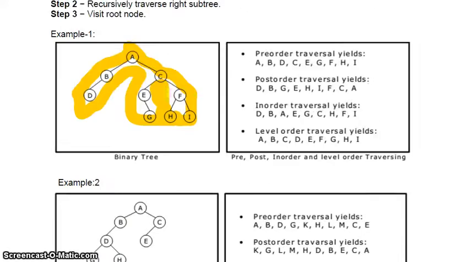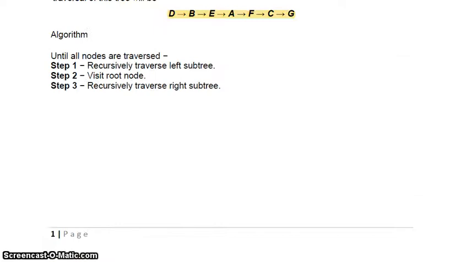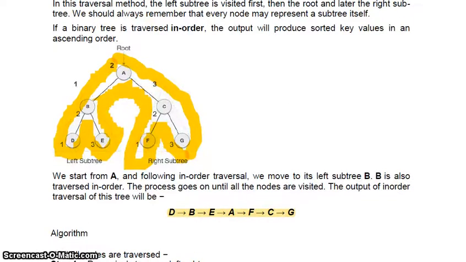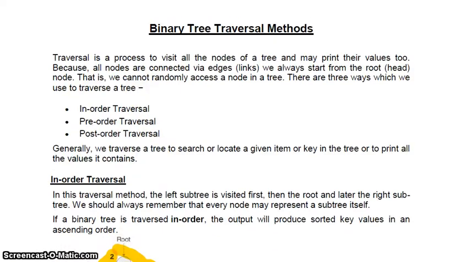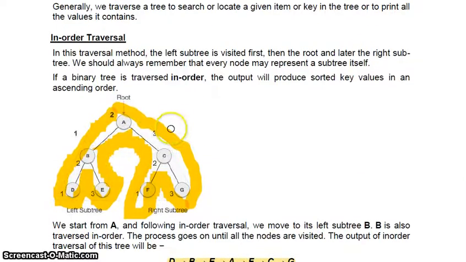These are the two examples. This is how we can traverse a node in a given tree. And one thing we must remember: all the nodes have to be visited exactly once. You have to visit all the nodes in a given tree exactly once.